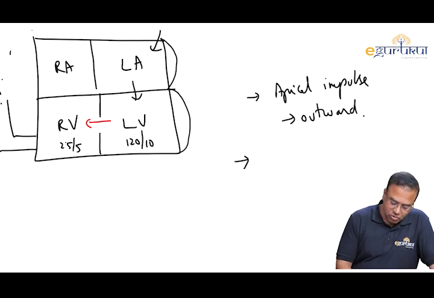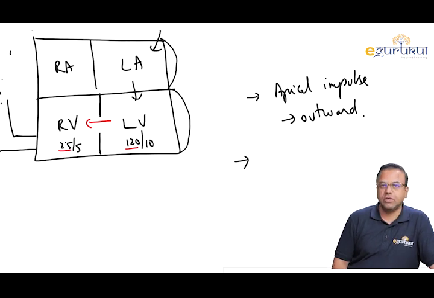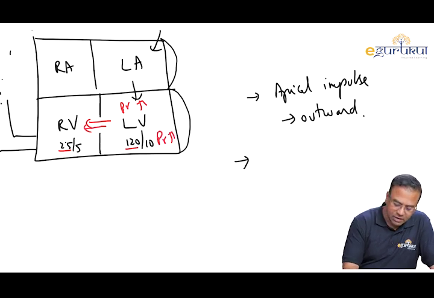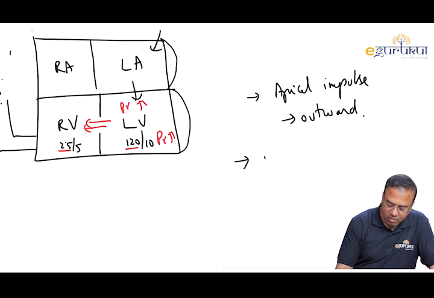In systole, the systolic pressure in the left ventricle compared to the right ventricle has a huge gap. The very high pressure generated in the left ventricle throughout systole jets the blood across into the right ventricle, resulting in a murmur, and that murmur we auscultate is a pansystolic murmur.